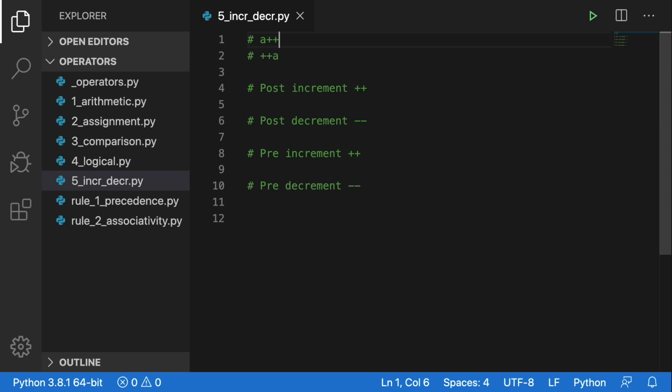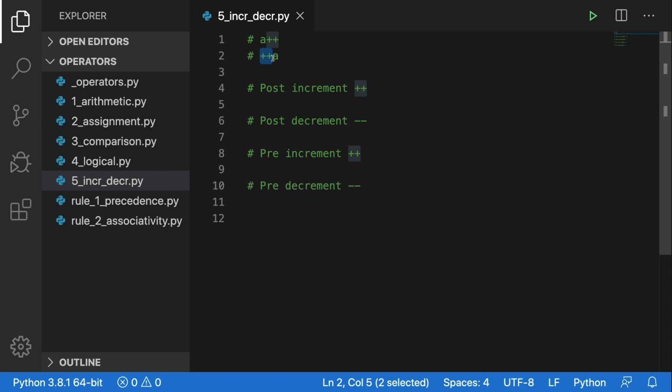There are incrementing and decrementing operators in languages for increasing a variable's value by 1 or decreasing it by 1. For example, this is an incrementation operator, actually a post-incrementation operator, and this is a pre-incrementation operator.